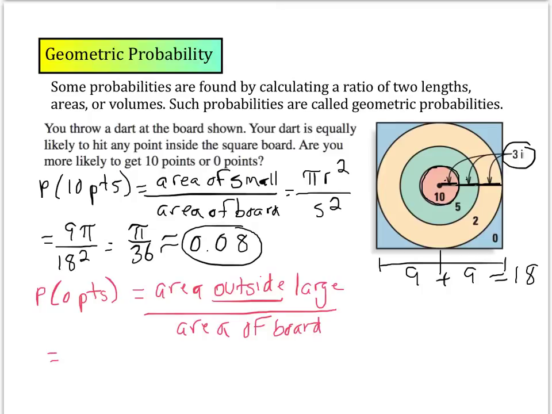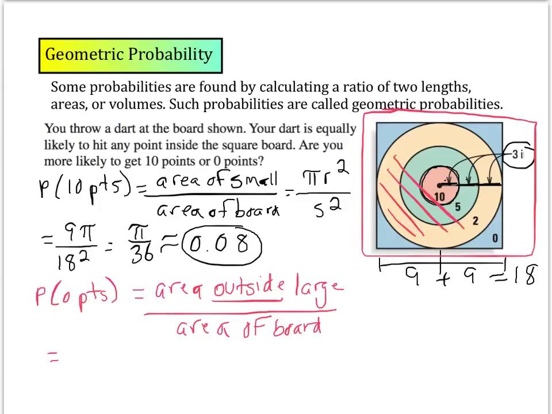Now to find the area outside the circle, what we have to do is find the area of the square first and then subtract this big circle. That'll leave us with the blue part that we want to solve for. So we know the area of the square is 18 squared, or 324. And then we need to subtract the area of that other circle.